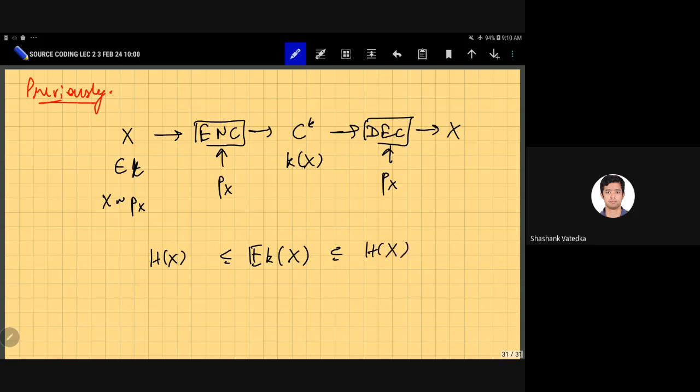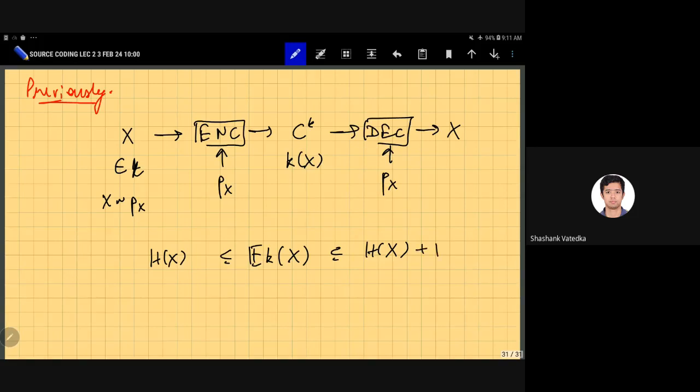So we've assumed that Px is known to both the encoder and the decoder, and we've seen three different compression algorithms: the Shannon algorithm, the Huffman codes, and the Shannon-Fano-Elias codes, which get you close to the entropy, at most H(X) plus 1, or H(X) plus 2 bits.